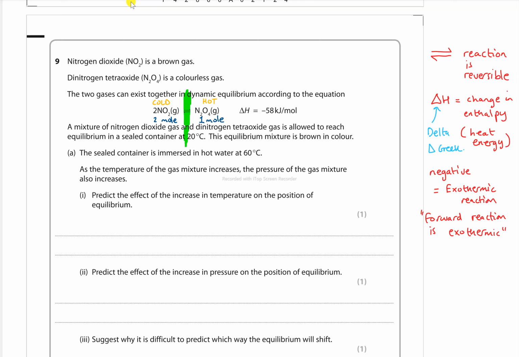I'm not talking about atoms, we're talking about the number in front. Because there's nothing there, there's a 1 there and a 2 here. So straight away we can say this is the high pressure side, and this will be low pressure. Okay, that's done.